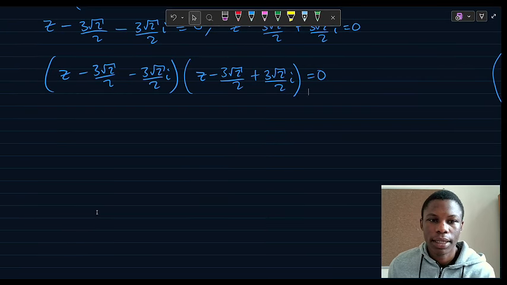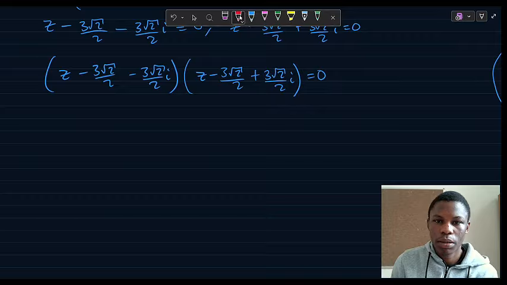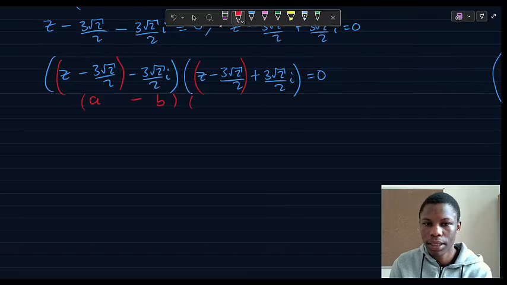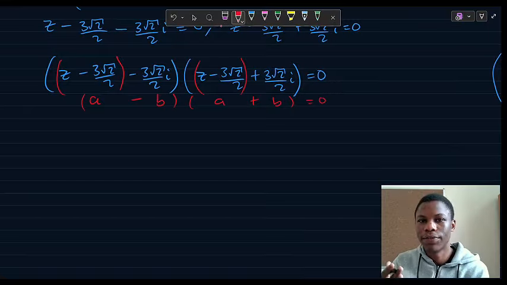Okay, I'm gonna put brackets here so that you can see that I've got something of the form a minus b times a plus b equals 0, and this is a difference of 2 squares, right?